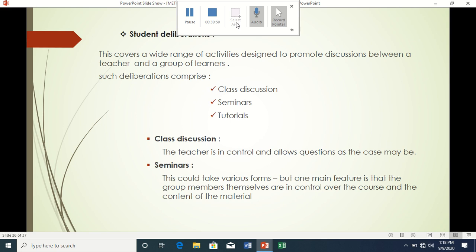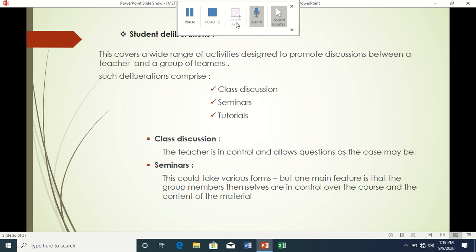A seminar is not like that. In this case, it has various forms, but one feature of a seminar is that if it is a whole class, the class is divided and we have something like a horseshoe, but this one will not be a horseshoe.